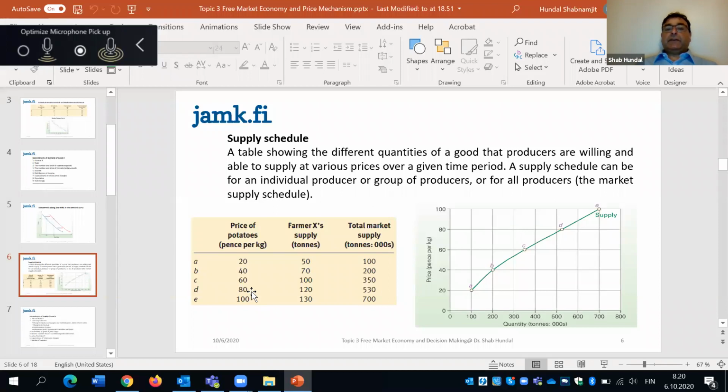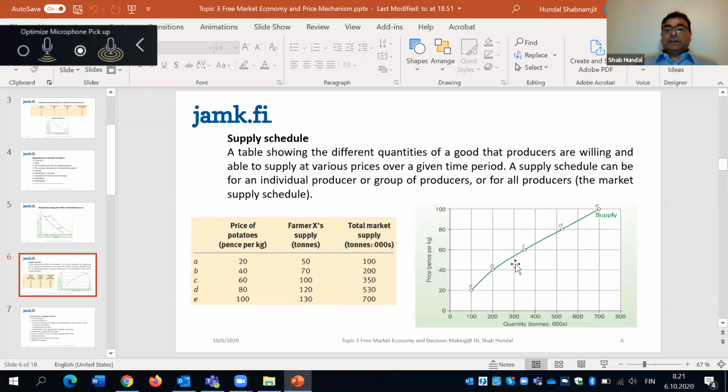You can ask me, what if the cost increases? If the cost increases, then you have a loss and you never supply at a loss. Well, you can supply, but in many circumstances the producers choose not to supply at all when the price is below a certain price.